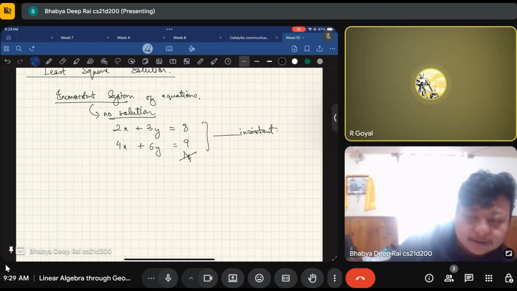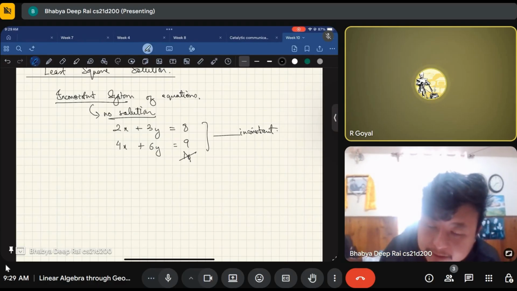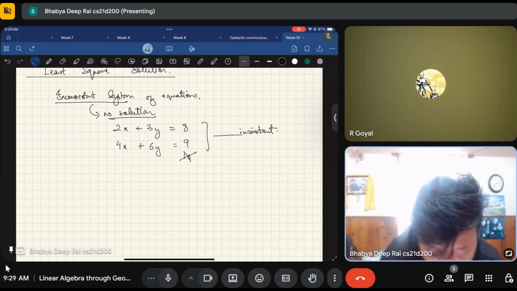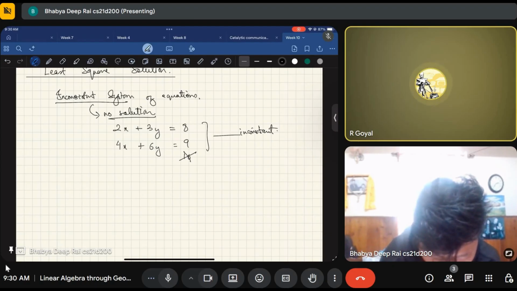Let us go to the very basic one: I move two steps right and three steps up, and I will reach some point. Then I move four steps right and six steps up, and I will move to some other point. So we would be having different vectors.